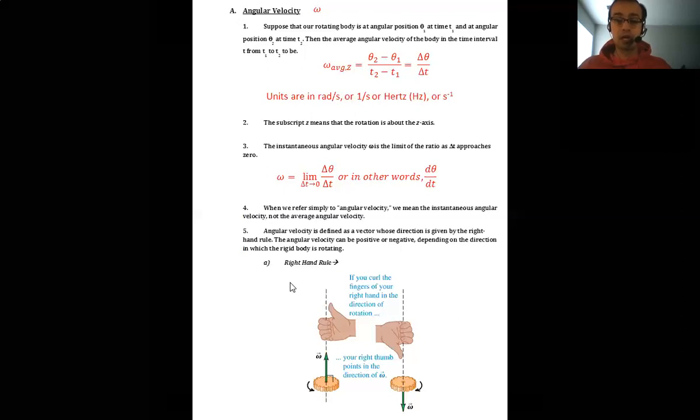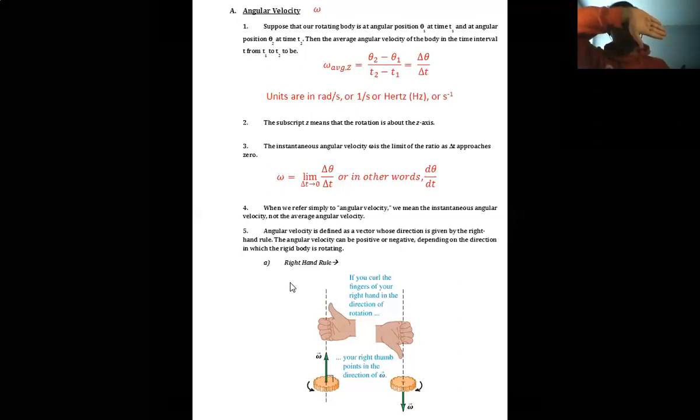The angular velocity is defined as a vector whose direction is given by the right-hand rule. So take your right hand, and curl your right hand in the direction of the rotation. Let's say that the direction is counterclockwise, so it's going this way, and my thumb is pointing in the direction of the angular velocity vector.